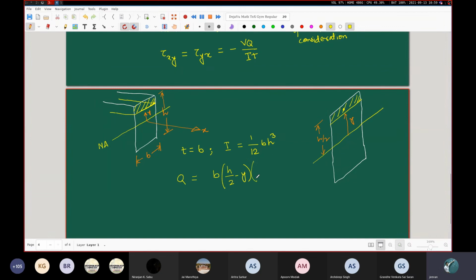It is going to be y plus half of h by 2 minus y. Very good. This is the first moment of area, Q. You can simplify this, but effectively this is it. If you simplify it and put it back in this expression, you will get your value for tau yx.